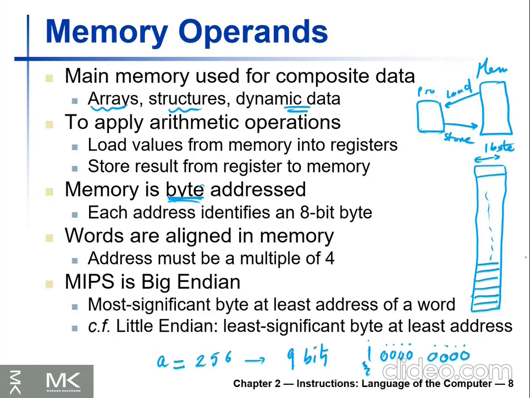Okay, so let's talk about this example. A is equal to 256. So this needs 2 bytes at least. Let's say this will be stored in the first location in the memory.